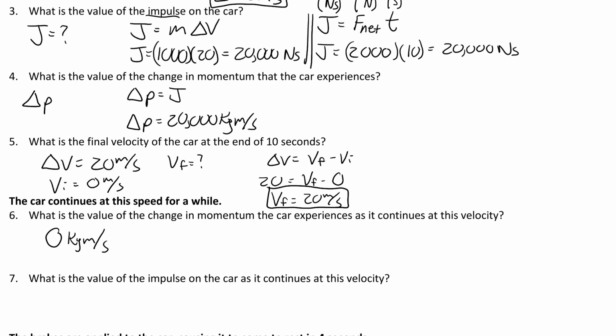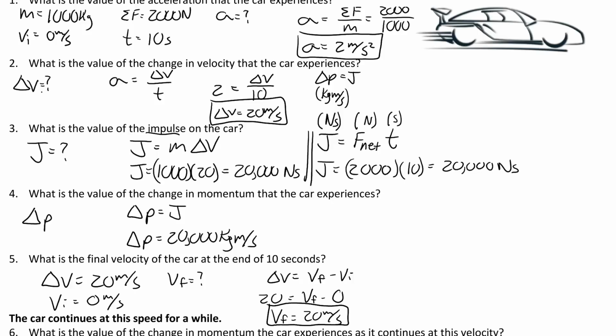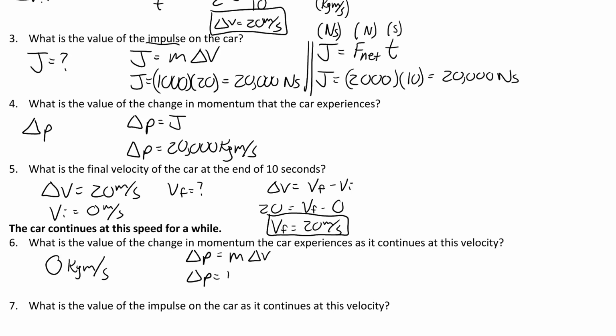All right, let's see. Your change in your momentum is equal to your mass times your change in the velocity, right? So let's see. Your change in the momentum is equal to the mass, which is 1,000 kilograms, times your change in the velocity, which is VF minus VI.